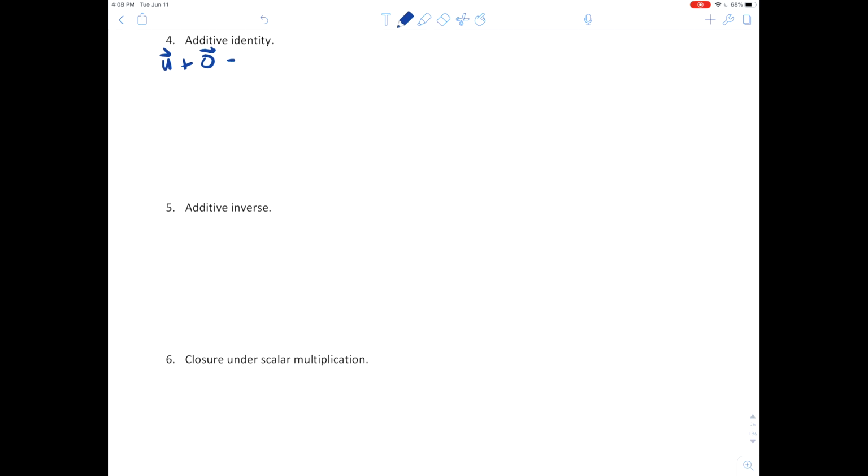So, we will have u comma 1/2 u, that's our u vector in component form, and our 0 vector in component form, and we're in R2, so it'll be 0 comma 1/2 times 0. All right, so then using what?